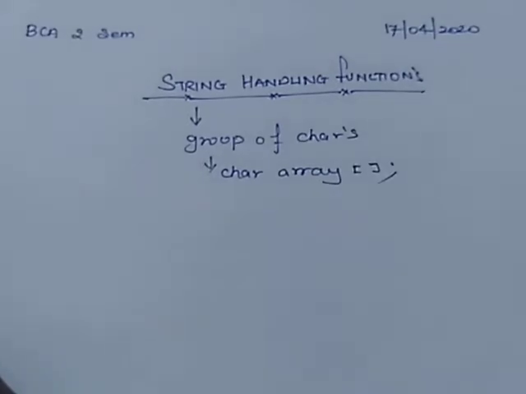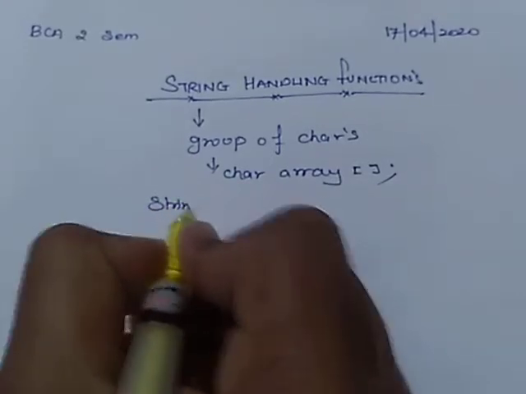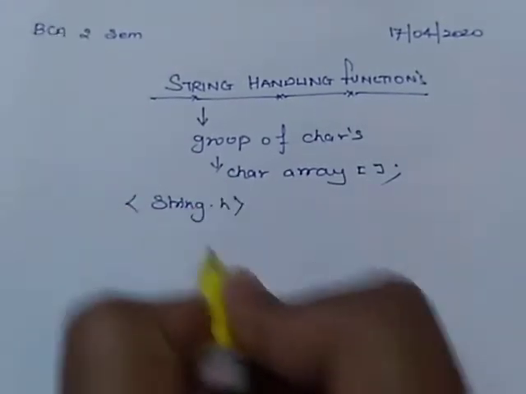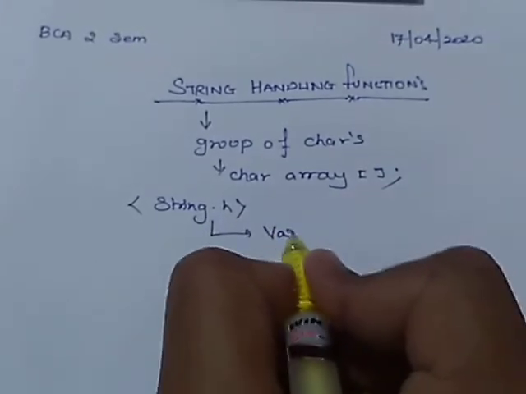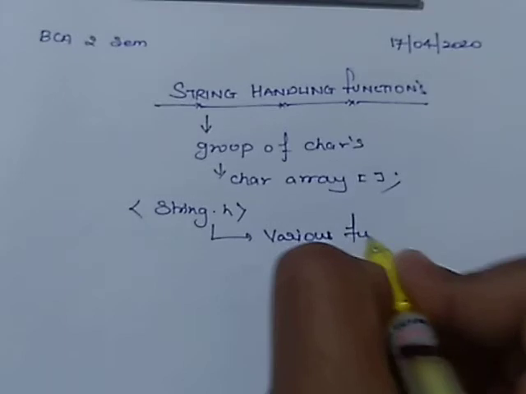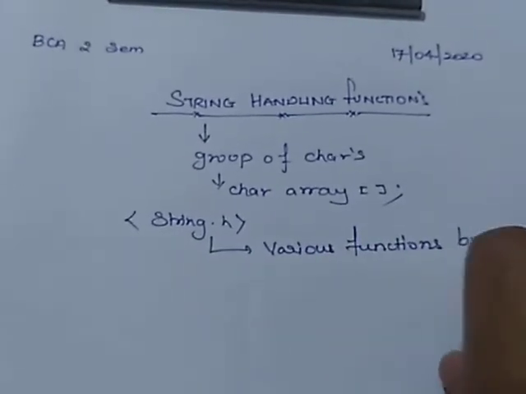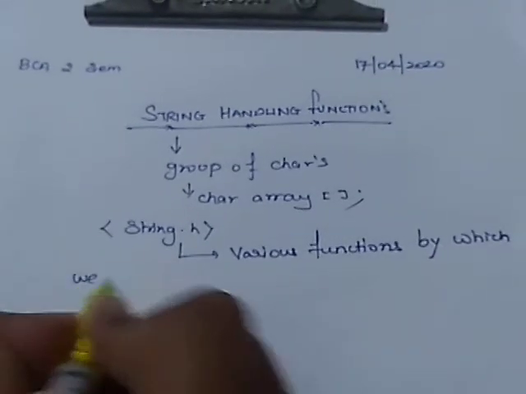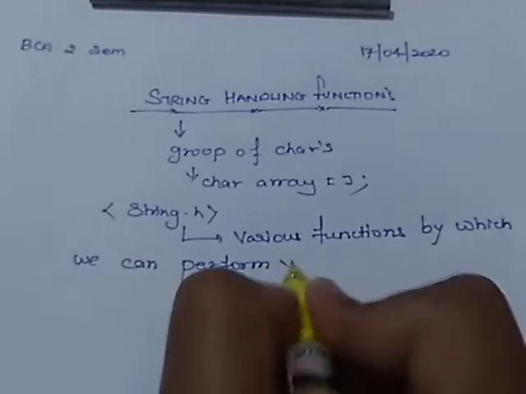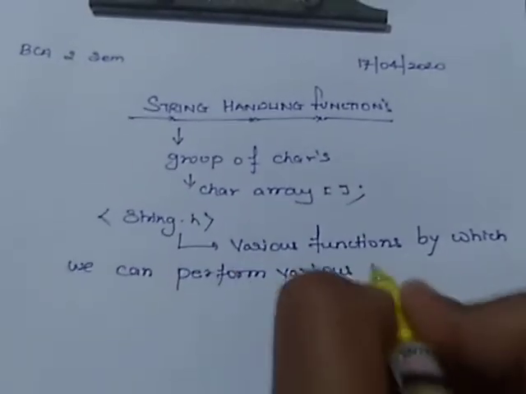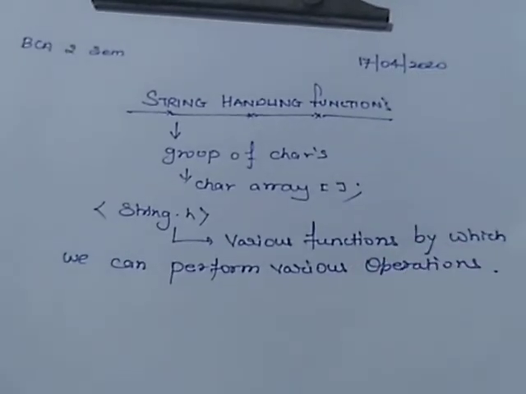Now we have a file named string.h. This is a header file, and in this file we have various functions by which we can perform various operations directly on strings.